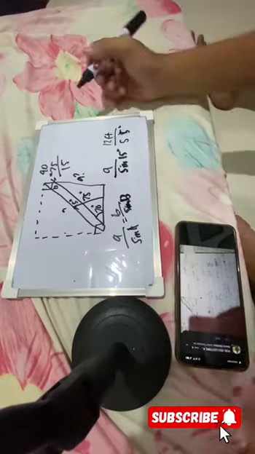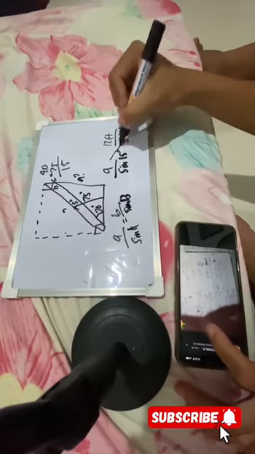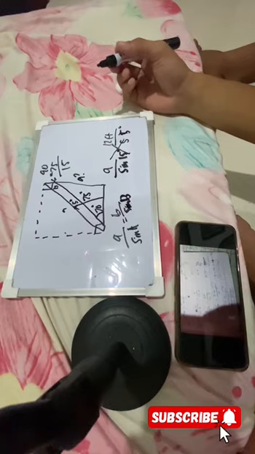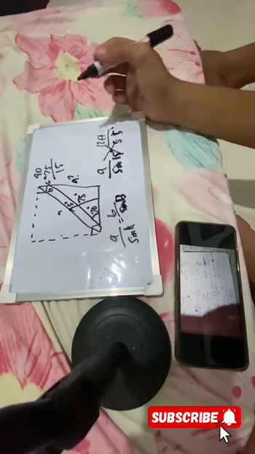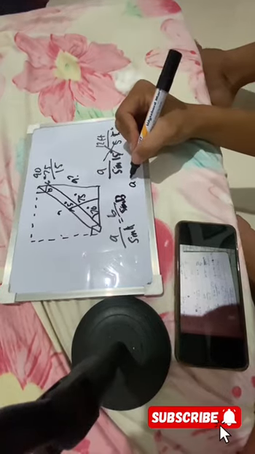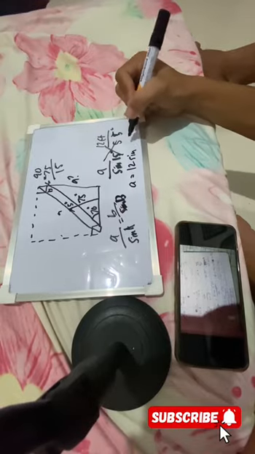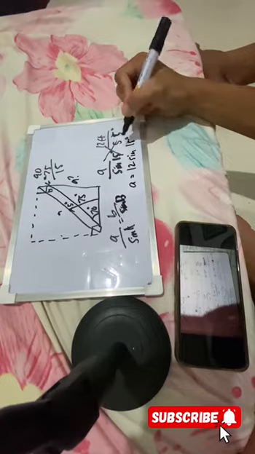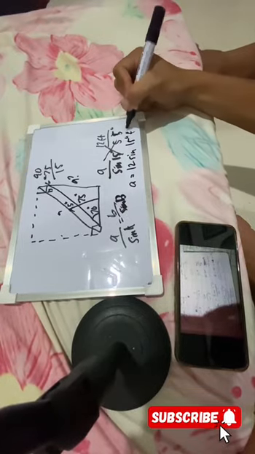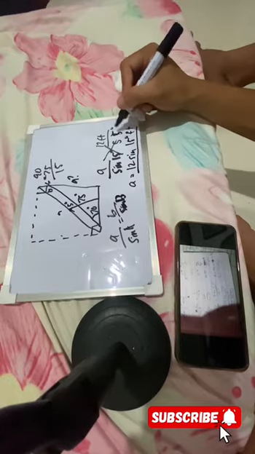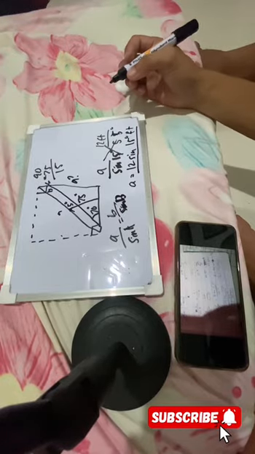So we are using cross multiplication, and we get A is equal to 12 sine 15 degrees feet over sine 5.